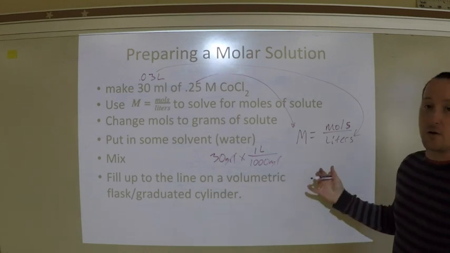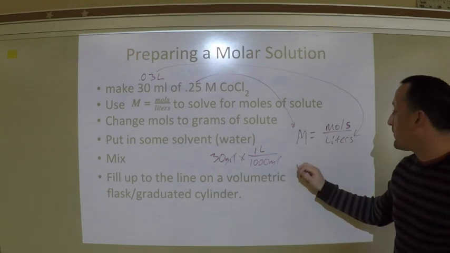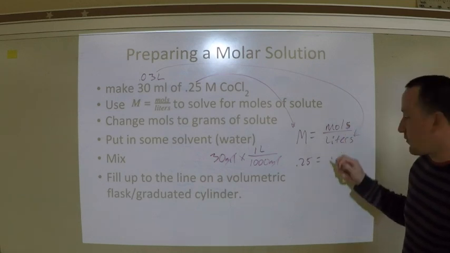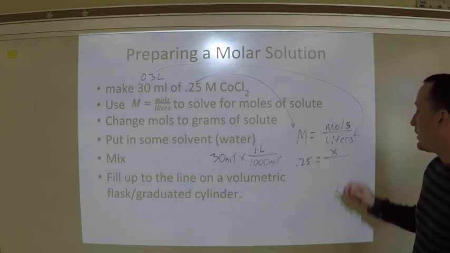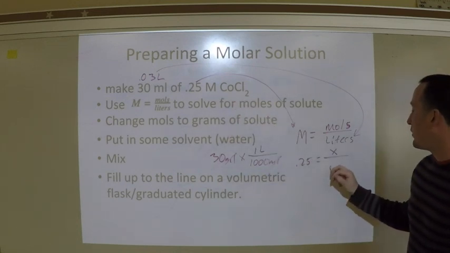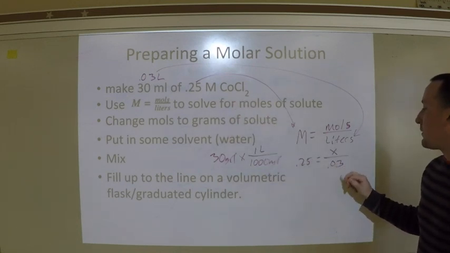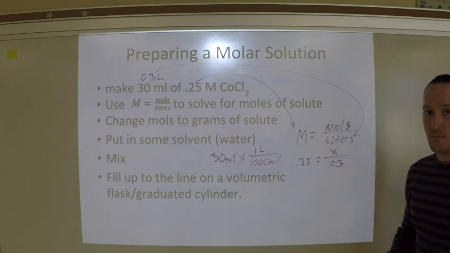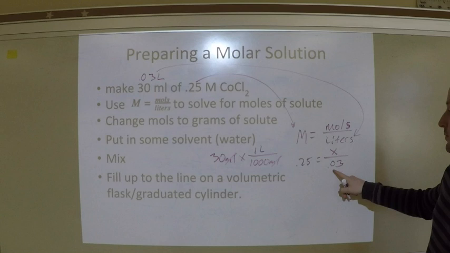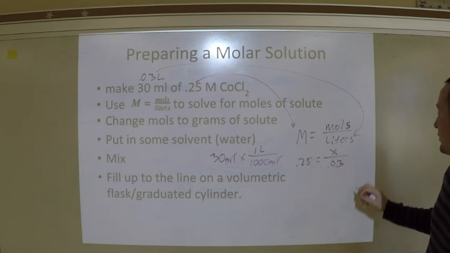So right now, here's what my equation will look like. I've got 0.25 equals, and again, moles, I'm going to put in X for moles. 0.25 equals X divided by 0.03, because that's how many liters I have. Now I'm going to solve for X. That's pretty simple. I'm just going to multiply both sides by 0.03.